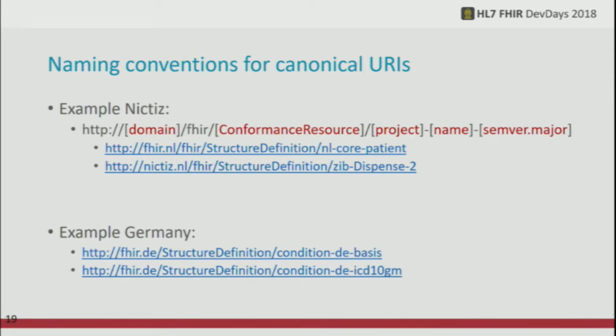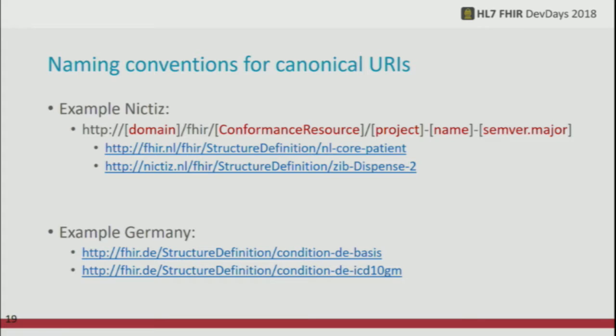So we also thought about naming conventions for a canonical URL. Each of the FHIR conformance resources has a canonical URI, which is like their globally unique identifier for their definition. So for example, the NL core patient has FHIR.nl/FHIR/structure definition/NL core patient.